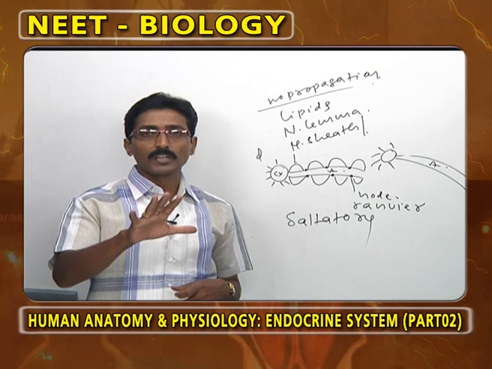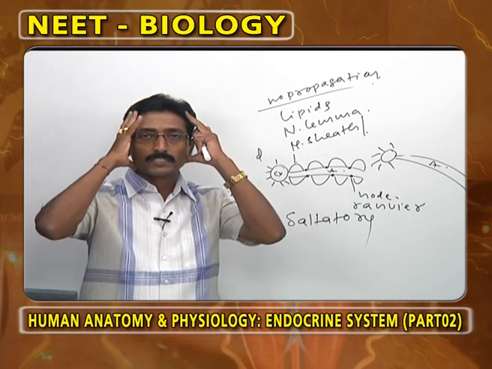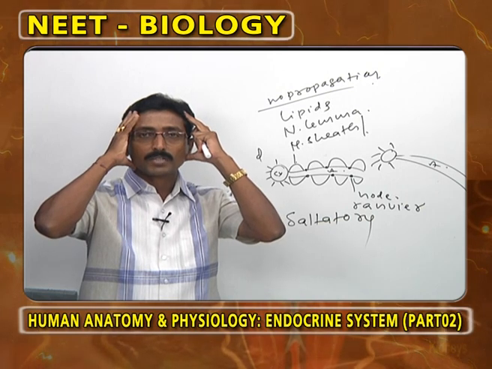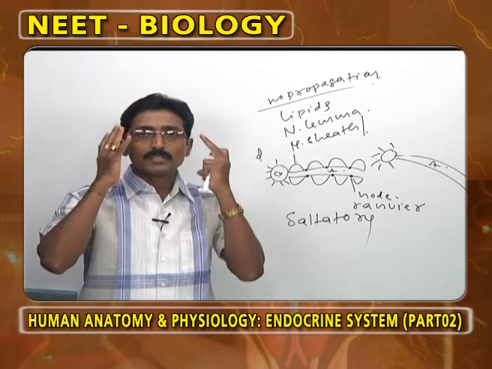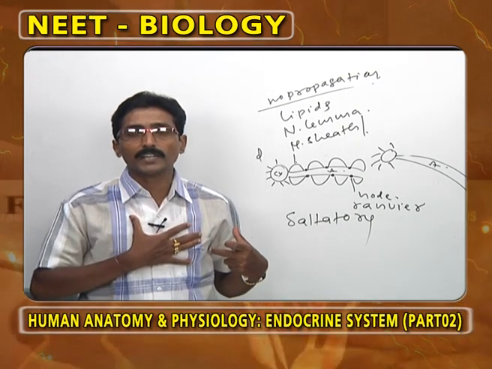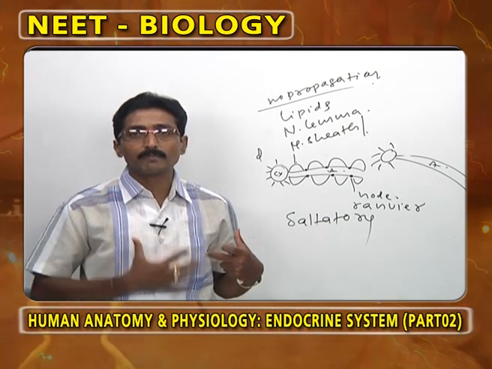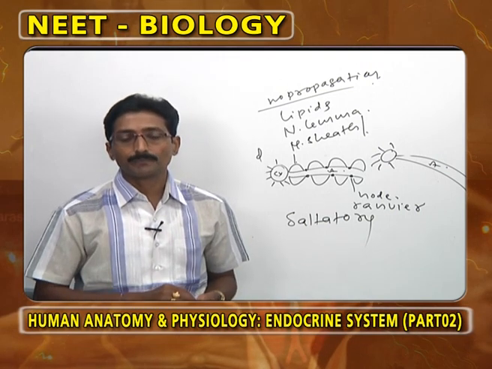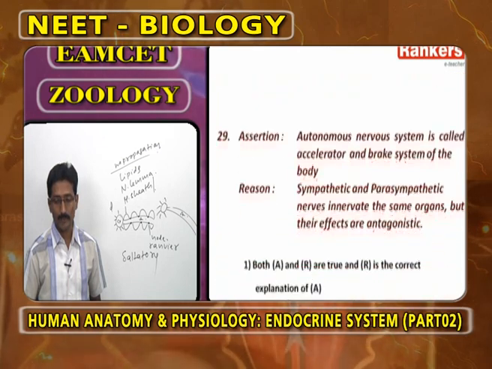Vagus does not give any branches to the parts of the head region. The vagus gives branches to the parts behind the head region. The chest is present behind the head region. The abdomen is present behind the head region. So here the answer is the vagus. Now we go for the next one.